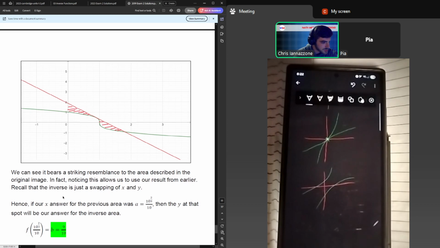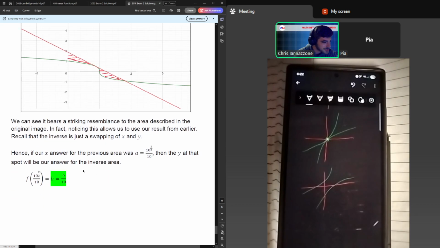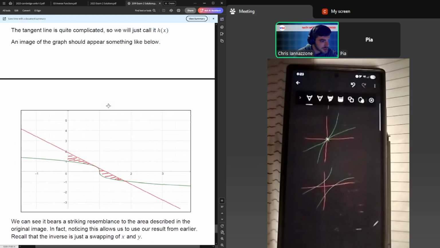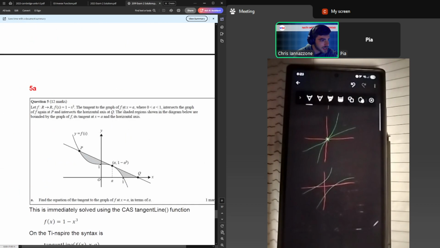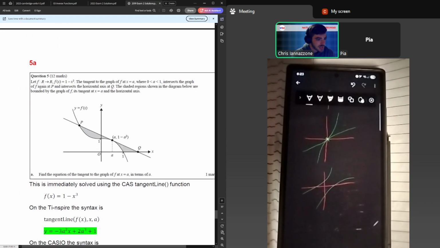This is one of those where it uses the previous answer. What you do is you use the fact that the inverse is sort of symmetrical about the line y equals x, and you take the answer from what we had previously. So this is tangent with respect to the original function.